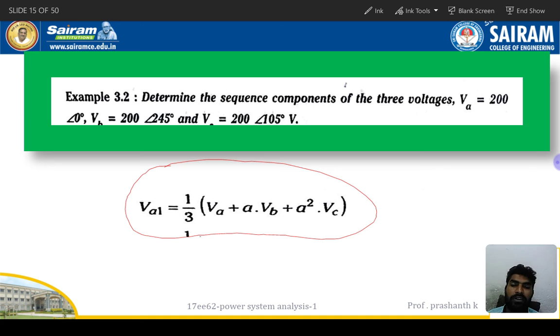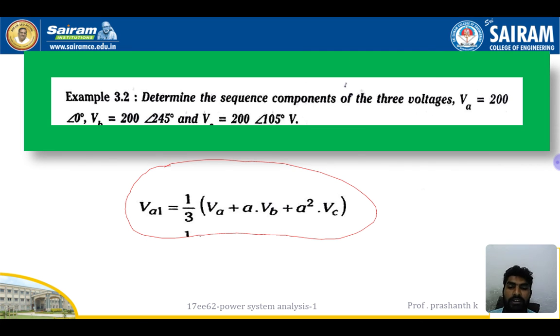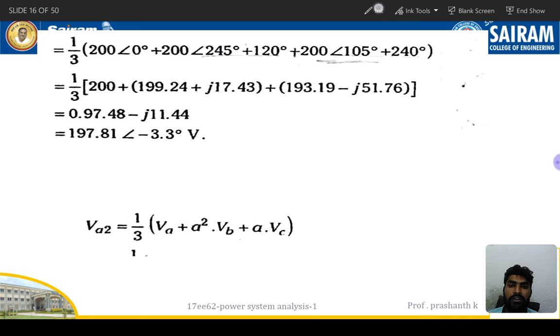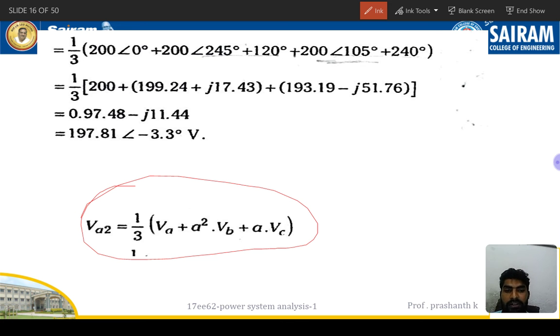You substitute, and then we will get the phase sequence components. Determine the sequence components. These VA, VB, VC are the phase voltages, so you can determine the sequence components: positive sequence, negative sequence, zero sequence. So VA1 is equal to this equation: 1 by 3 into VA plus a VB plus a square VC. Already we know, right?